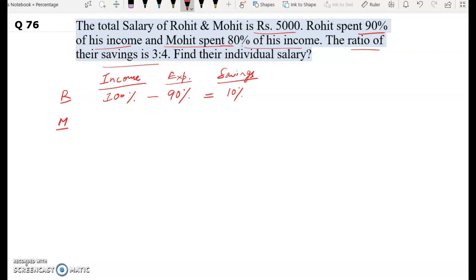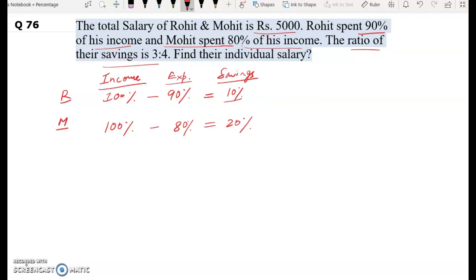Now Mohit spends 80% of his income. If income is 100% for Mohit, he spends 80%. So his savings will be 100 minus 80, 20%.